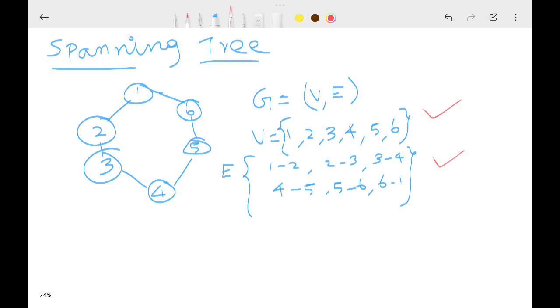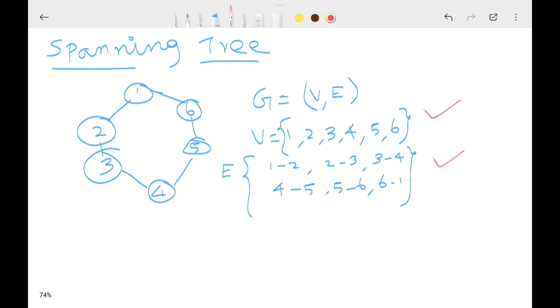The spanning tree contains all the vertices in the graph, but it should contain a subset of its edges. So just recall your tree properties.